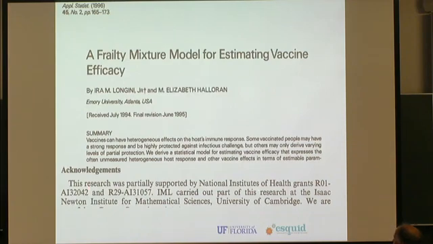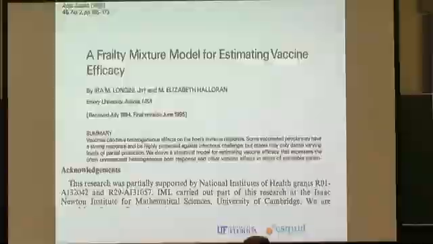You can see in the acknowledgments, we acknowledge various NIH grants, but also the Newton Institute. So I thought it'd be good to go through that model a bit for historical continuity, if nothing else.